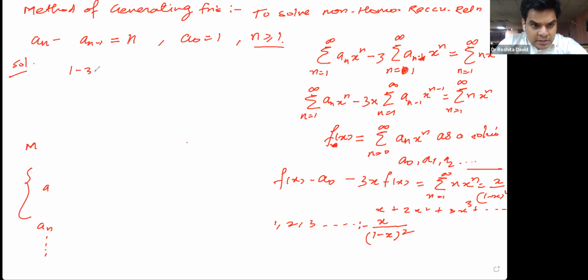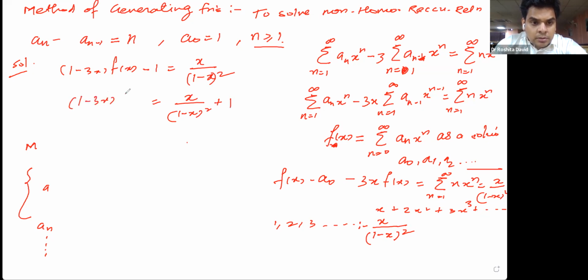So (1 minus 3x) f minus 1, as a0 was given as 1, is equal to x upon (1 minus x) square. So f(x) is going to be x upon (1 minus 3x) times (1 minus x) square.